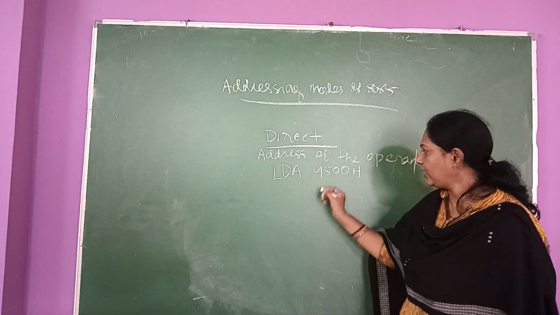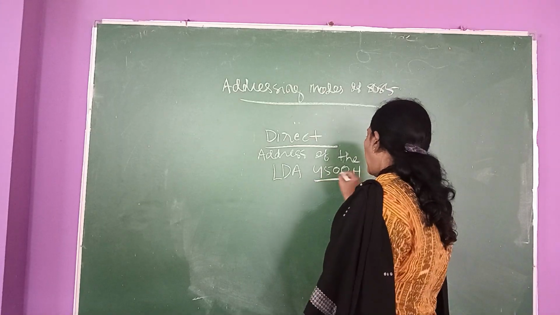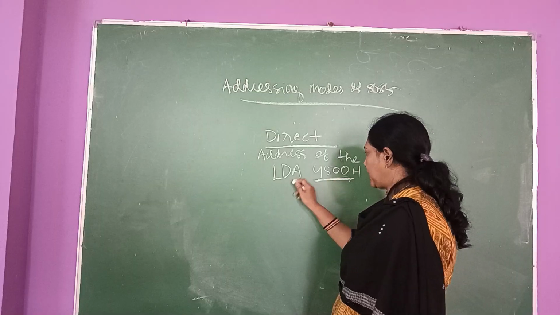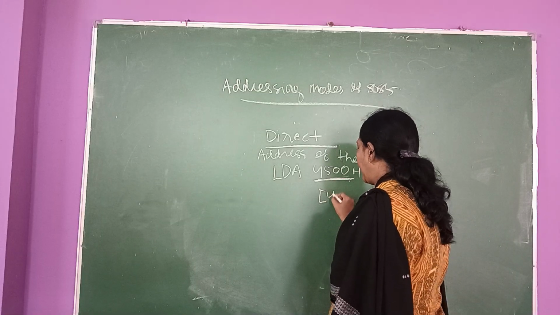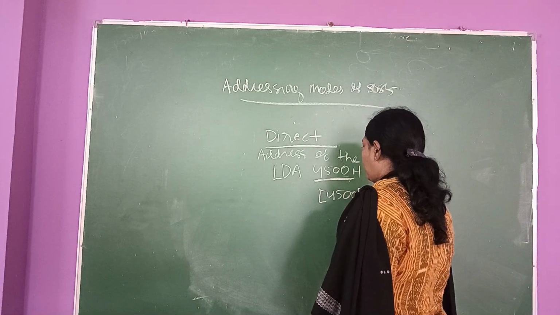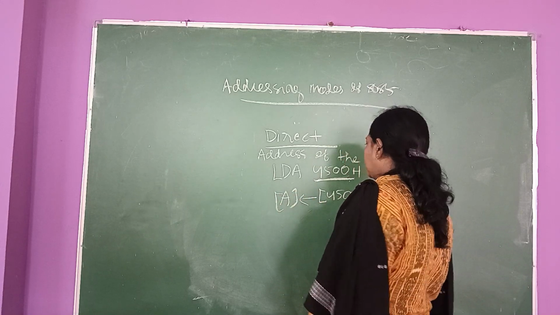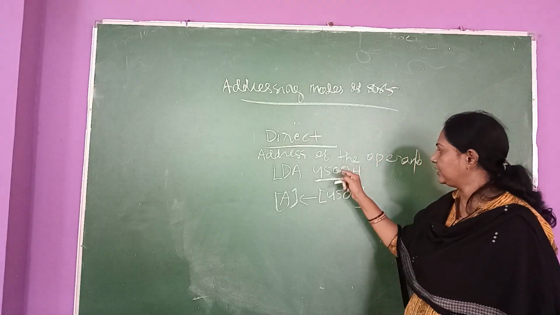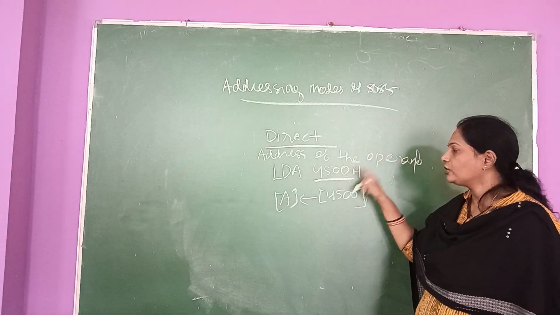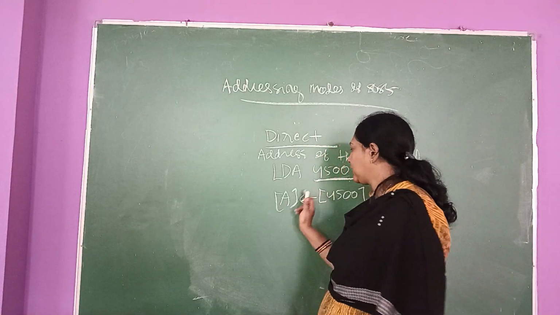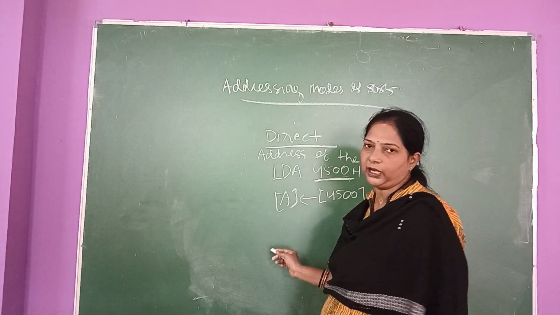That means here this is the address. So this LDA 4500 means the content of location 4500 is given to accumulator. That means the required data is in the location 4500. So we have to go to the memory location 4500 and that data is given to accumulator.